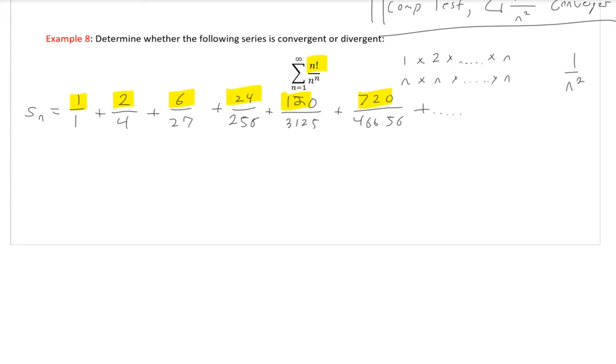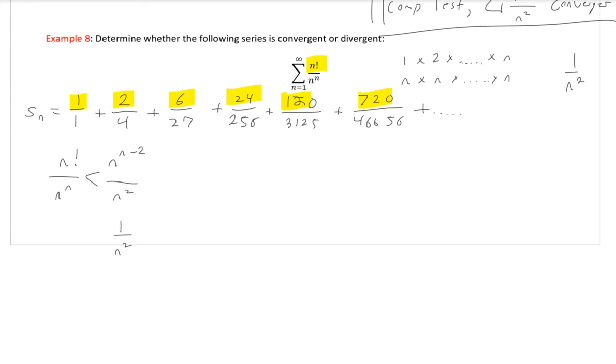If we want to reduce this down to 1 over n squared, let's try to compare n factorial to n to the n minus 2. That way, if I divide those by n to the n, I get n to the n minus 2 over n to the n becomes 1 over n squared. Now, what I want to show is that this is less than that, and that would show it's convergent.